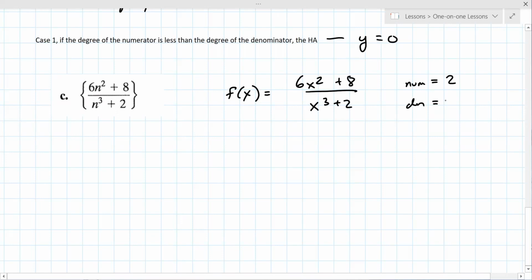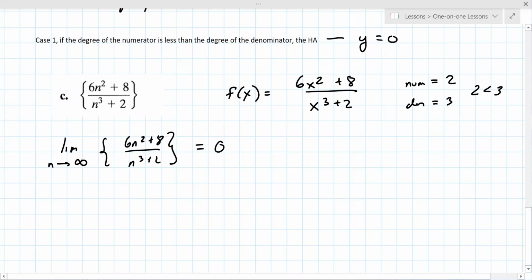The denominator is 3 because of that 3 there. Since 2 is less than 3, this thing goes to 0. And that means the limit goes to 0 because of the same reasoning. Sometimes you have to write the limit as n goes to infinity, and you put this thing into curly braces, you would say goes to 0.